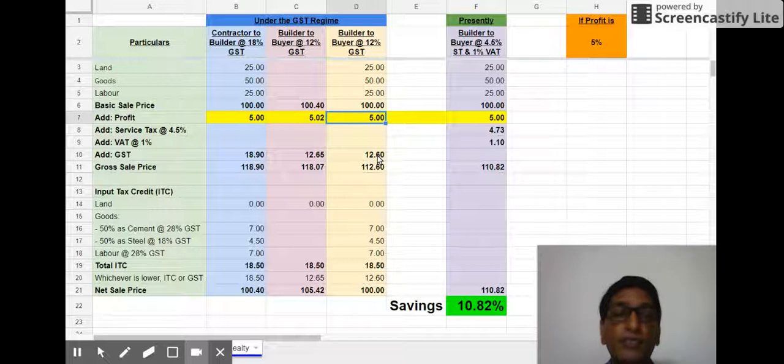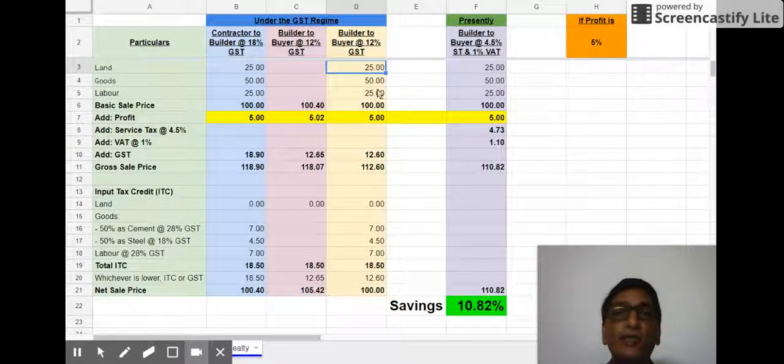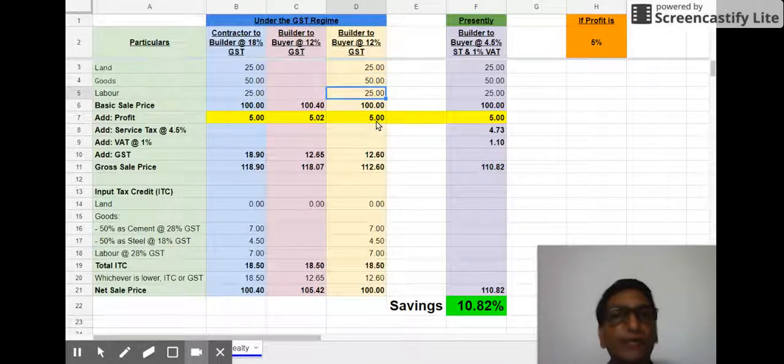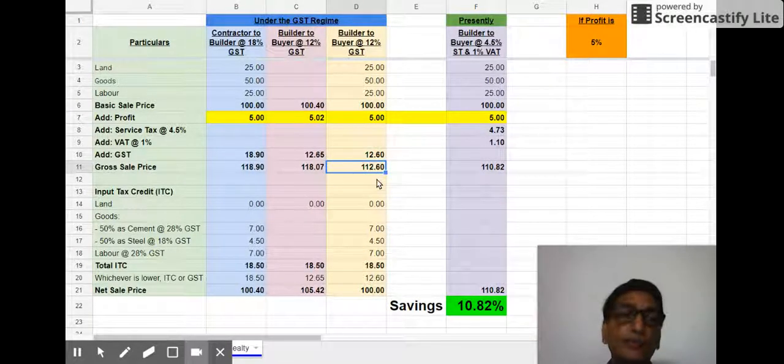Please note that in the second scenario, the builder will have to add GST even on the land component. So on all these four components, land, goods, labor and the profit element of the builder, GST at 12% comes to 12.60. So the total gross value of the bill comes to 112.60.